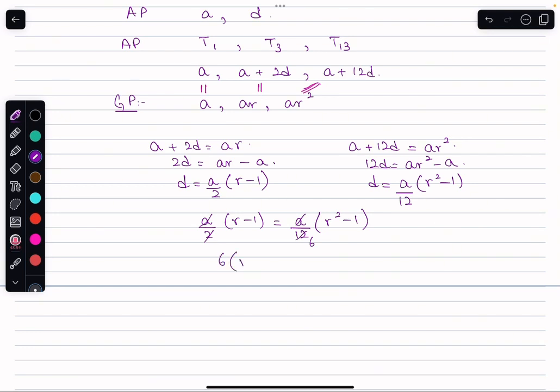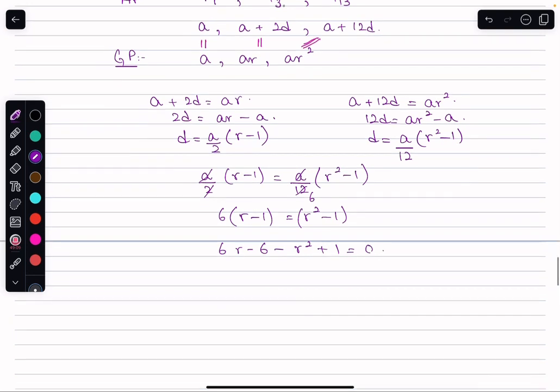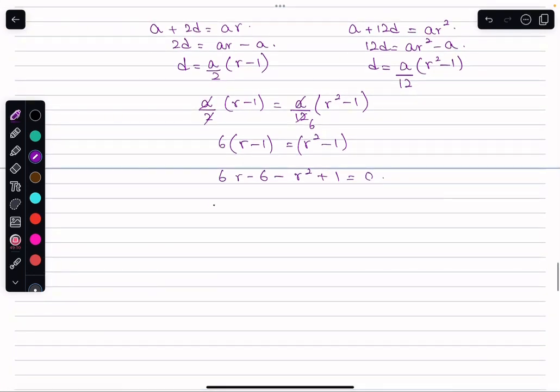So this becomes 6 times r minus 1, which is equal to r squared minus 1. Or I can say that this is 6r minus 6 minus r squared plus 1, which should be equal to 0. Solving further, it's negative r squared plus 6r minus 5, which is equal to 0, or r squared minus 6r plus 5 comes out to be 0.